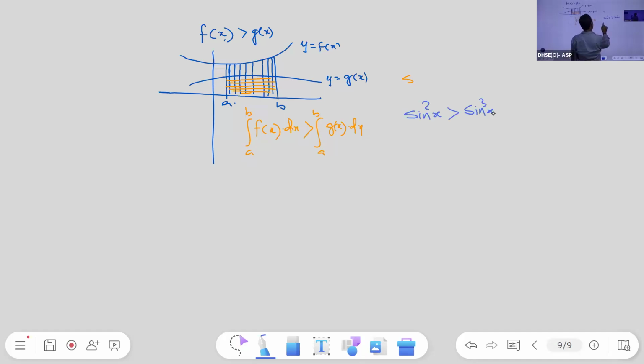So integral 0 to pi over 2 sin square x dx is greater than integral 0 to pi over 2 sin cube x dx. Okay, just a minute, Nasreen.